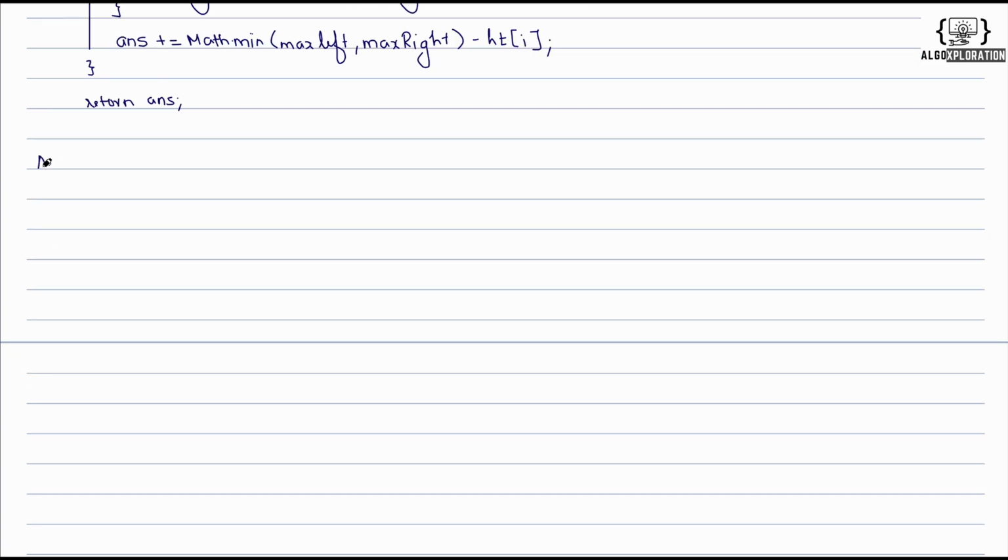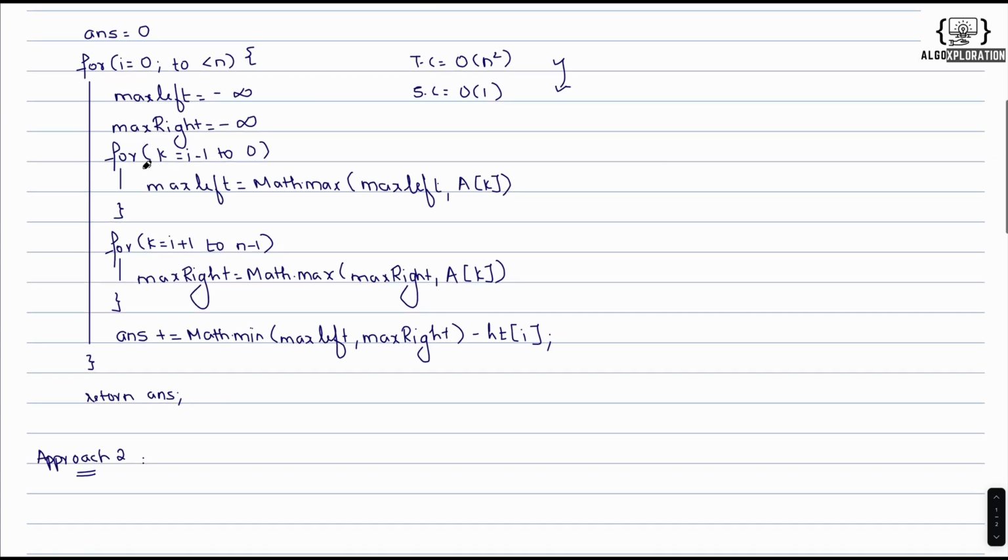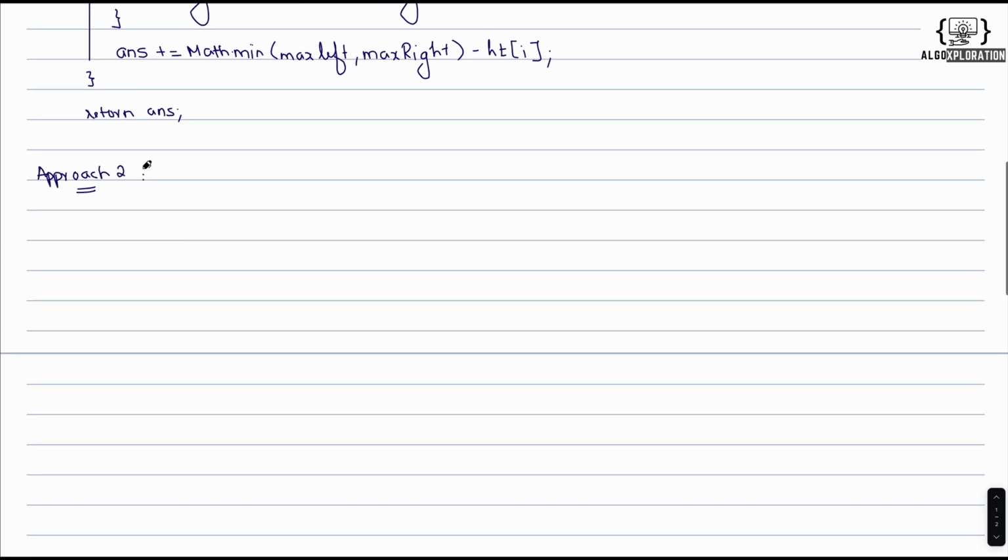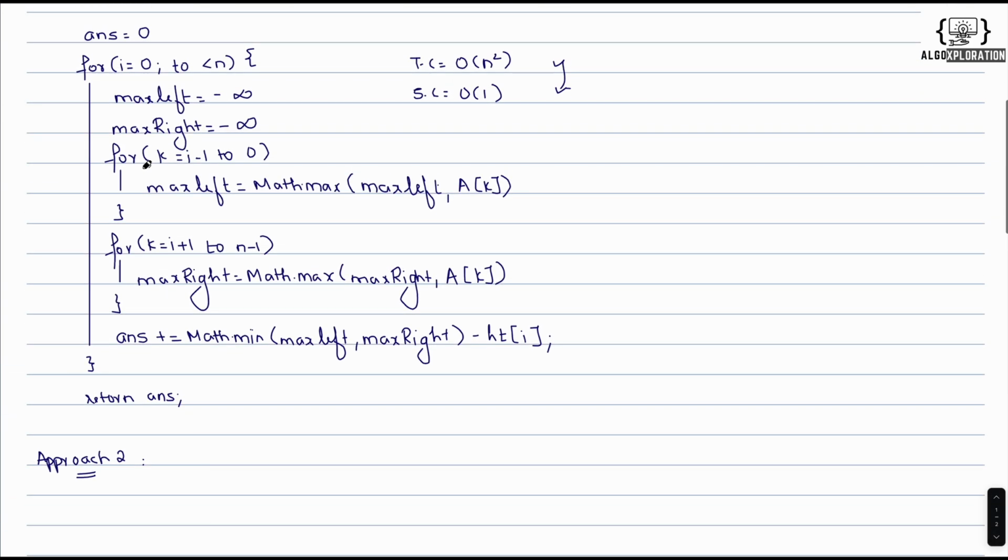So approach 2. Now again, as I said earlier, the optimization will only happen on the basis of observation, that is how we are going to observe the problem. Now we can see that this pseudocode is taking time complexity of order of n square, due to these two for loops.